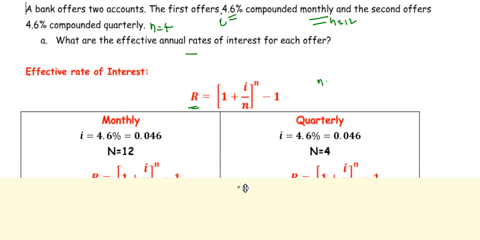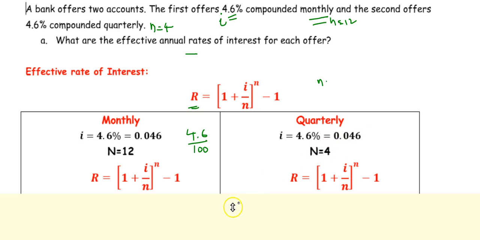Alright, so i is equal to 4.6% because it is given in percentage form. Change it to decimal. Dividing 4.6 by 100 gives you 0.046, and monthly n is 12. Quarterly, the rate of interest is the same, 0.046, and n is equal to 4.